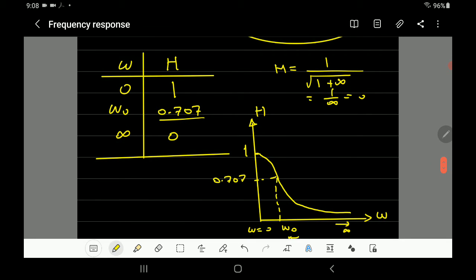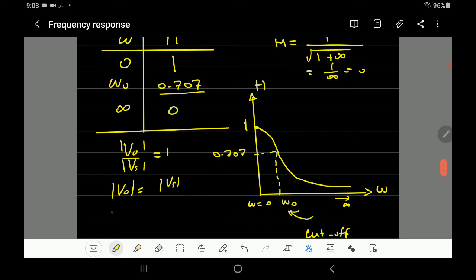Well, let's study what this curve means. It means when omega equals 0, H is equal to 1. And what's H? H is the relationship between the output voltage and the input voltage, the magnitude. When you say it's equal to 1, it means that the output voltage magnitude will be equal to the input when omega equals 0. What does omega equals 0 mean? It means DC component.